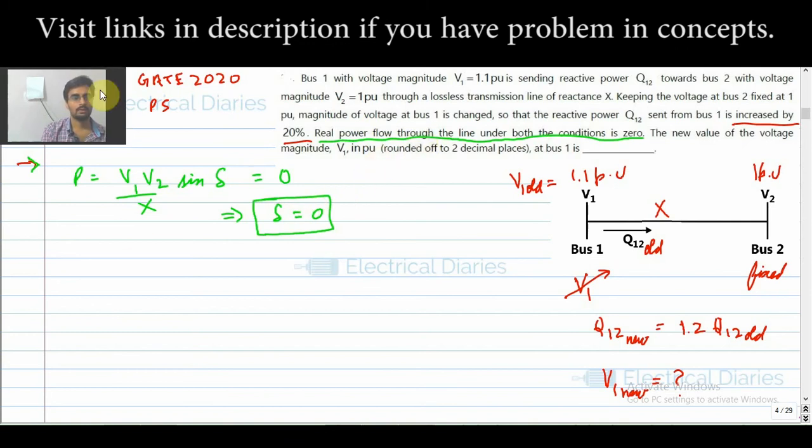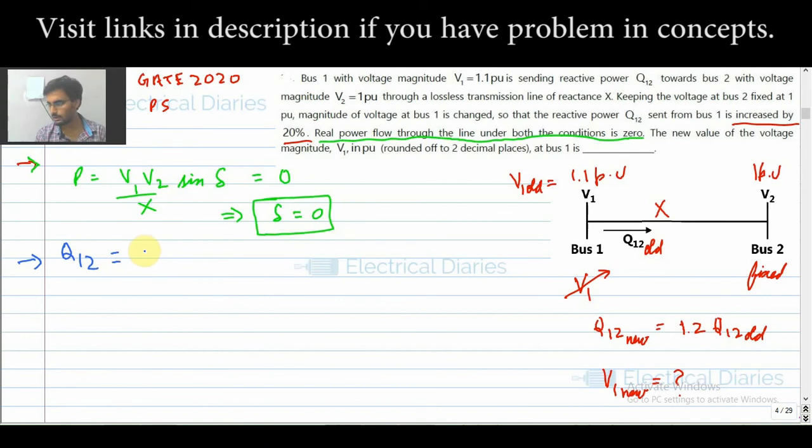Now let us solve the other things that are given to you. In the new case, your V1 is increased to V1 new and your Q12 new is 1.2 times Q12 old. So I have to calculate Q12 old. This is the sending end reactive power. I hope you know the formula for the sending end reactive power.